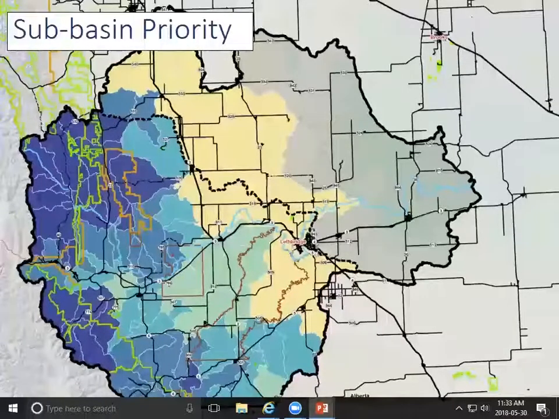If you've got a watershed group, it's often based around the Todd Creek watershed or the Rock Creek watershed or the Mill Creek watershed group. So it was important to look at each of these sub-basins and say which has the highest percentage of area that is in those high priority areas.